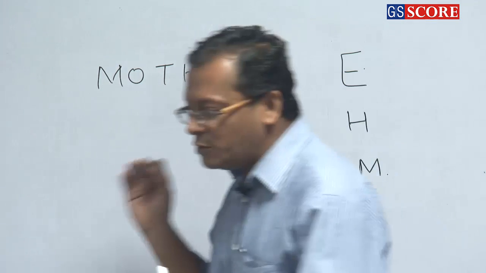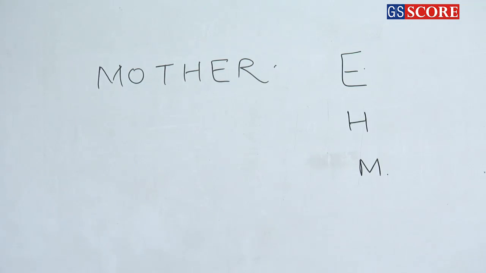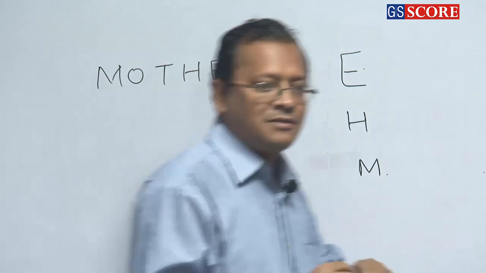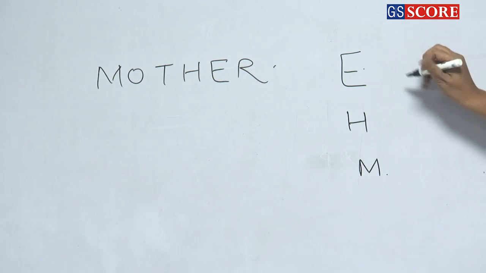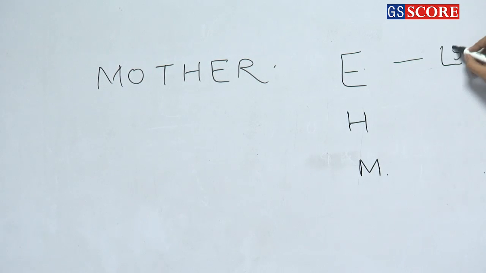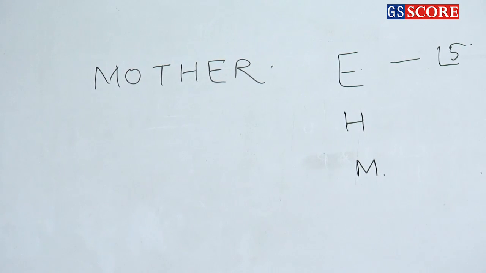Right. So how will you start? So you will say, sir, in the dictionary, I think E comes first. So fix E. So if I fix E, how many letters are remaining? So 5 can be arranged in how many ways? 5 factorial. Clear or not?